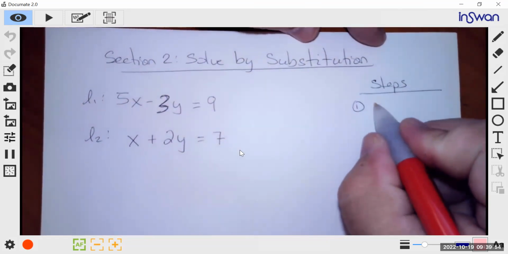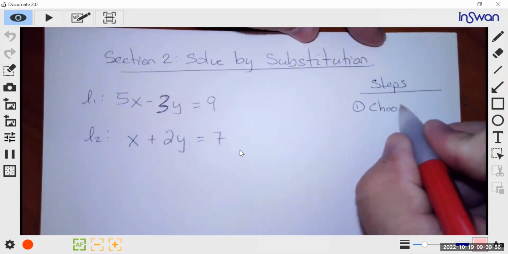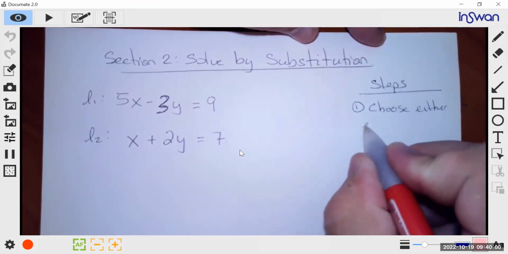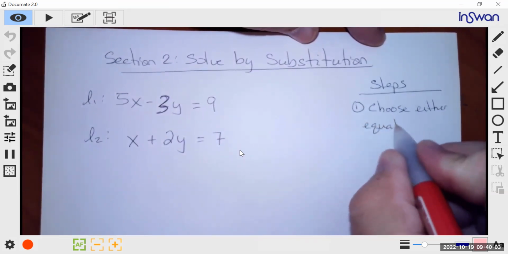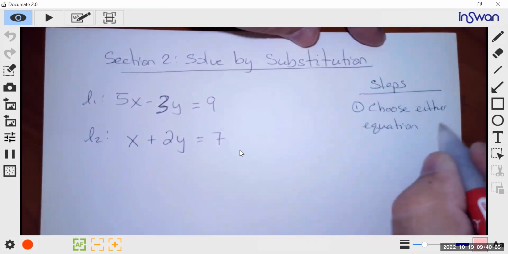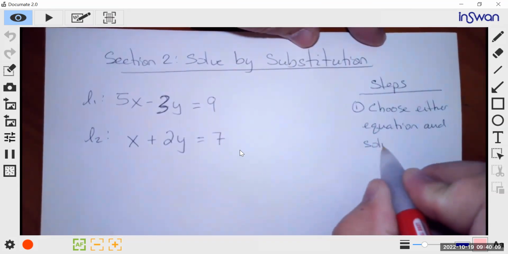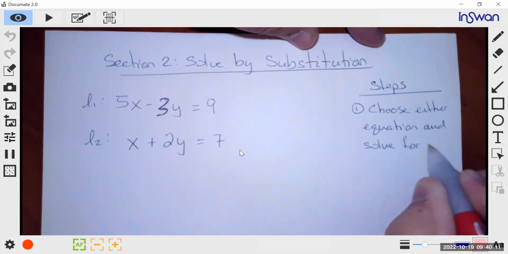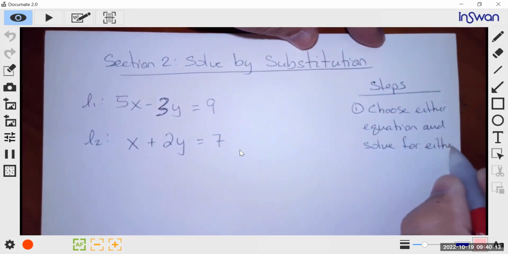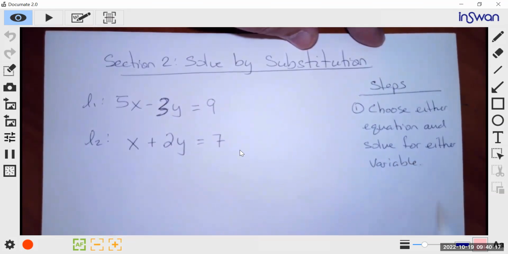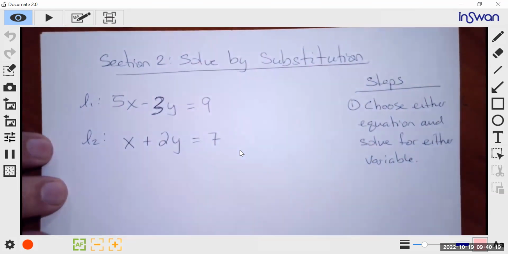First step. Choose either equation and solve for either variable. So that's the first step.